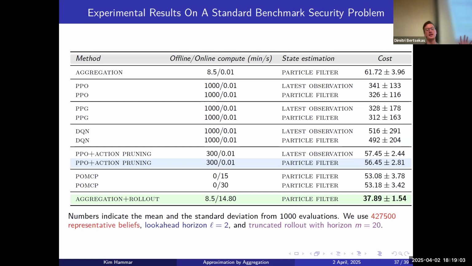I should also mention here that since the belief space in this problem has a dimension of around 10 to the power of 40, we have used a smaller dimensional belief space based on features. So again, we use the feature approach because you simply cannot discretize the original space. It's so high dimensional. And the resulting problem has around 427,000 representative beliefs that we solve with value iteration.